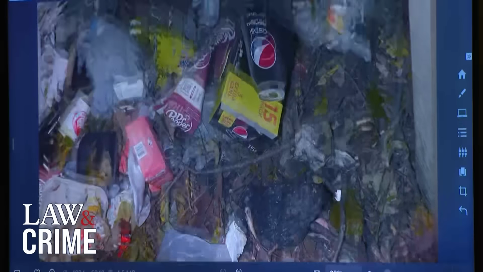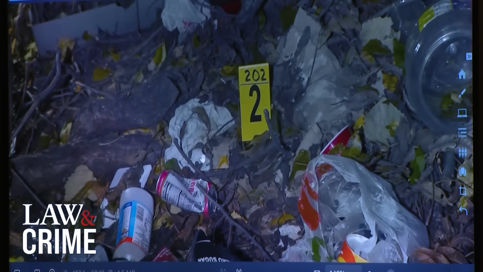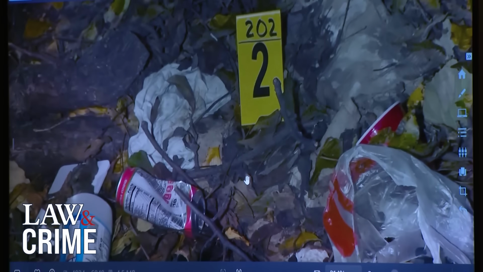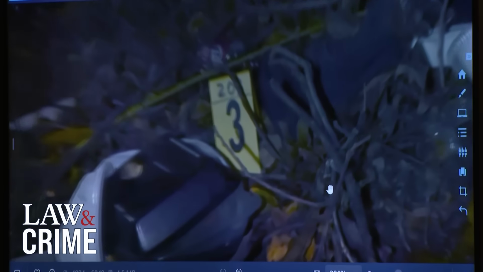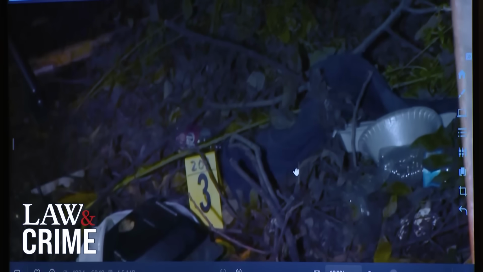You could see, if you move up to number 2, it looks to be child's underwear, from that distance. And then if you move on to where number 3 is, just to the right of the number 3 are small in size, looks like little girls' blue jeans.